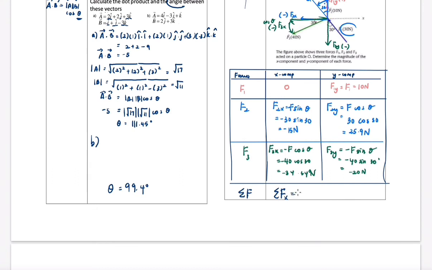Fx equals to, kita tambahkan this one dengan this one, so kita akan dapat negative 49.64. Dan kita tambahkan yang y pula, sum of Fy equals to, tambahkan this one and this one. Kita akan dapat 15.98 Newton.